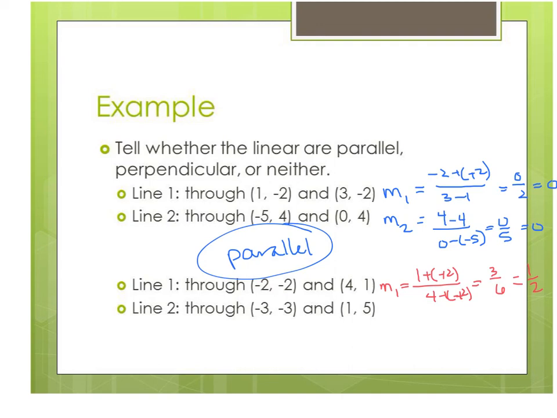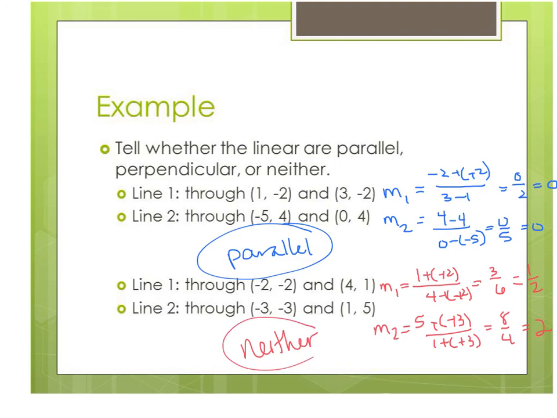Okay, and on the bottom, 5 minus a -3 over 1 minus a -3 equals 8/4, which is 2. And how are 2 and a half related? They are just reciprocals. They are not opposite reciprocals. Not what I got anyway. So my answer is going to be that they are neither.